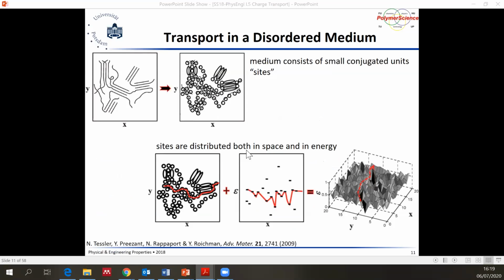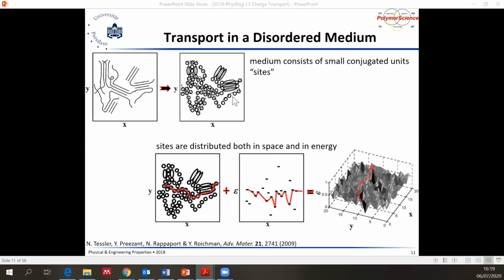Okay, so let's carry on with how transport occurs in a disordered medium. We have 2 types of models that try to describe mathematically the medium of disordered materials.